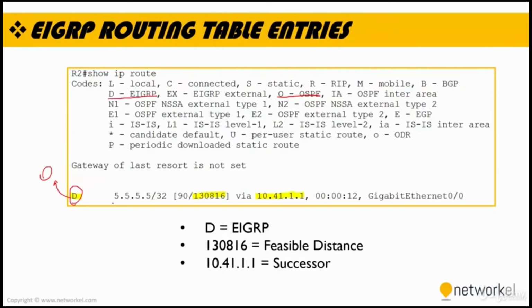As you can see, we learned this prefix with EIGRP because it's D, and here is the administrative distance of the protocol, and here is the feasible distance of the protocol. And we are learning this route via this IP, and this IP is our primary route to get to the destination, and its name is successor.